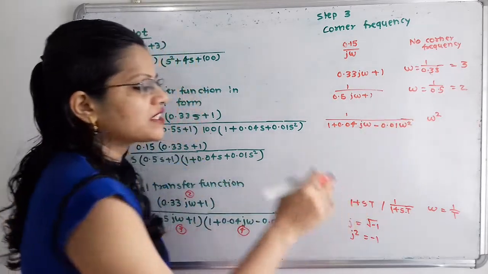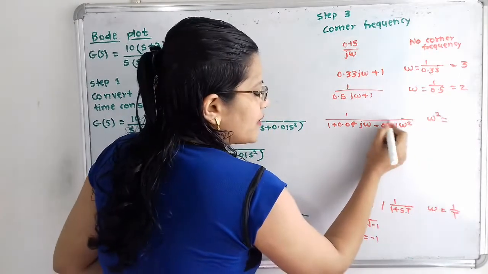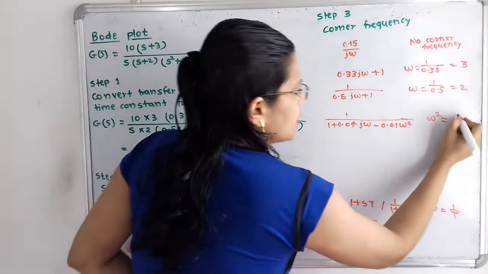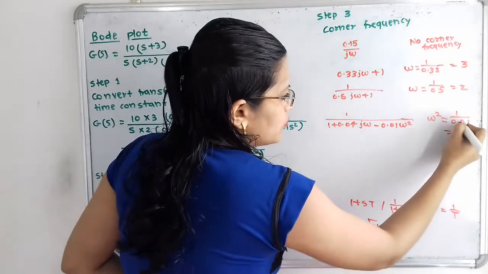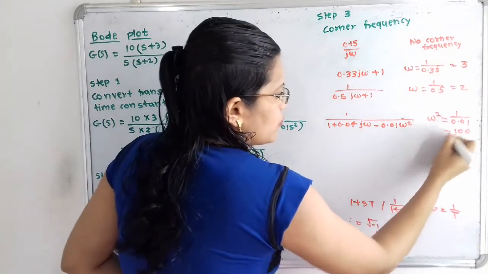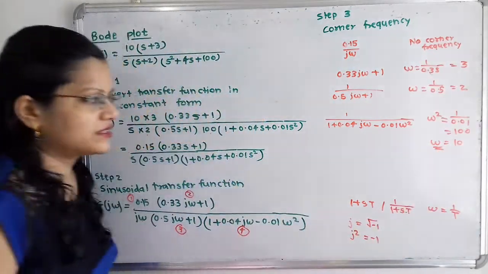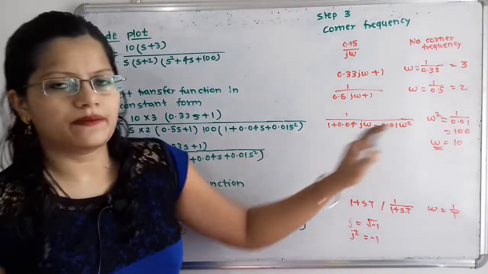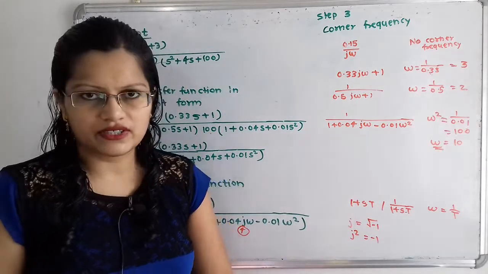So omega square is equal to 1 by t. So 1 by t is equal to, t is coefficient of this omega square, that is 1 divided by 0.01, and which is equal to, we can say 100. So omega is equal to 10. So this is the corner frequency, that is omega is equal to 10. So this step is important for the second order equation.